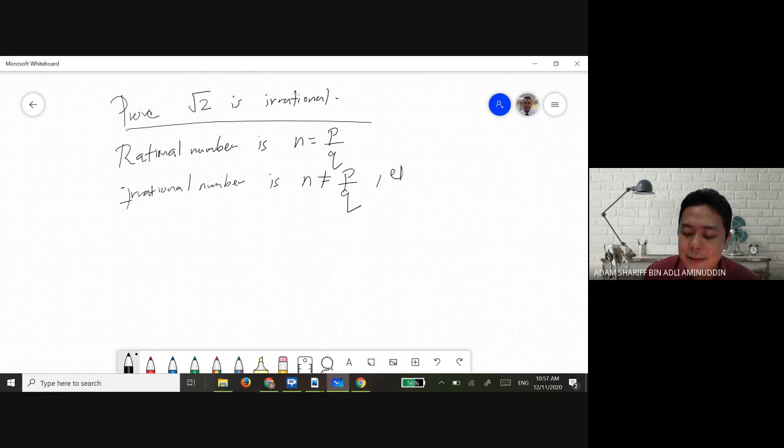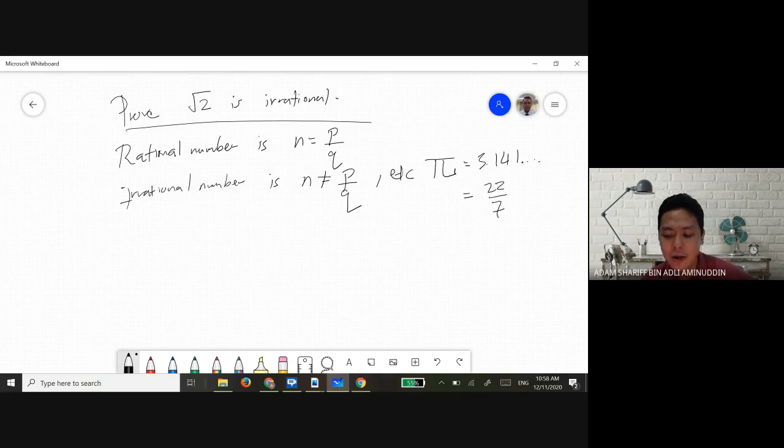For example, pi. Pi is actually irrational because it is 3.141 blah blah blah, I don't memorise it. It cannot actually be put in the form of 22/7. That is why, in questions, pi is actually not equal to 22/7. They assume or let pi equal 22/7. But actually pi is not a rational number, it's irrational because you cannot put it in the form of even a fraction.